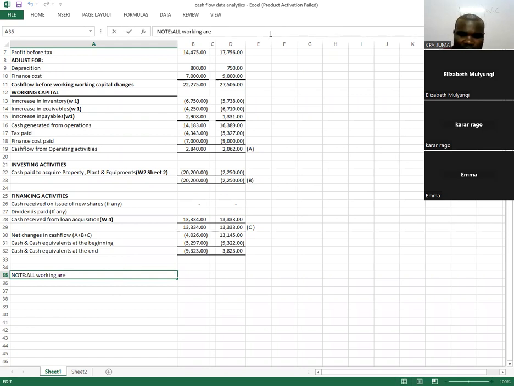Are they interlinked or linked? I want to tell the examiner that those things are linked in sheet 2. So you say interlinked or linked. All workings are interlinked in worksheet 2.